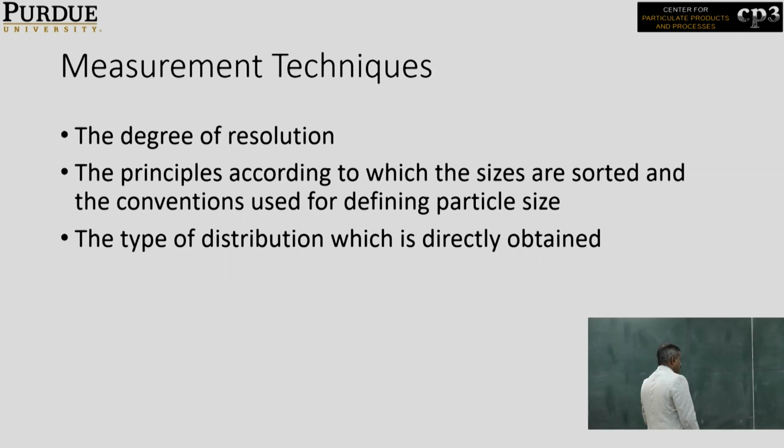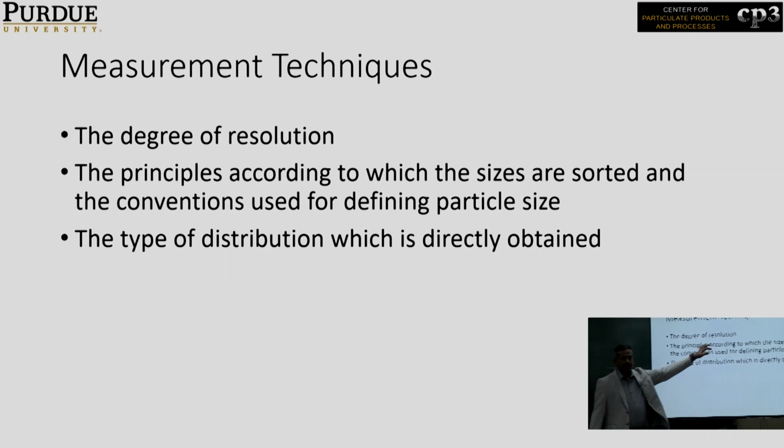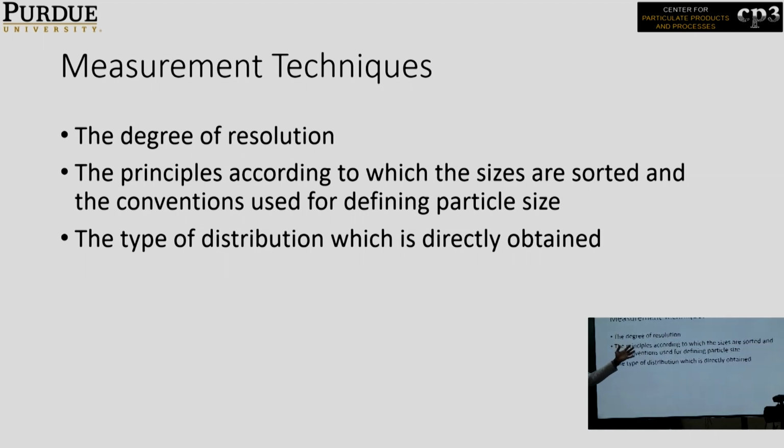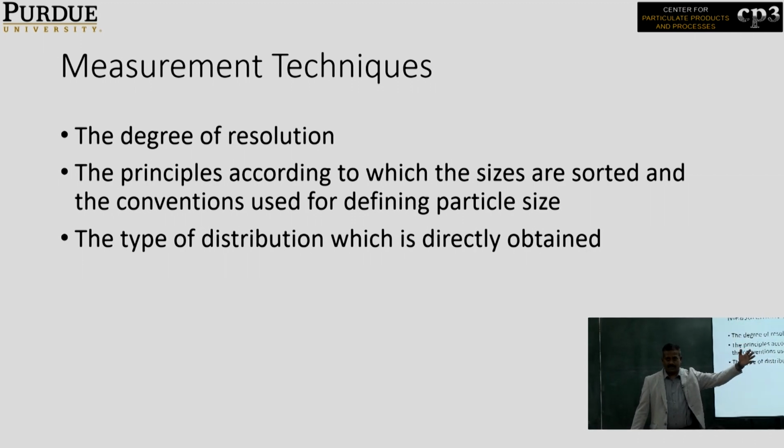So we use different principles, but again, the measurement techniques all differ in their degree of resolution, right? If you go to a high-end instrument, then the degree of resolution will be much better than a sieve analysis. Okay. As we talked about, in sieve analysis the particle orientation may not be constant. So you take the sample that's collected in each sieve, and you still get a distribution within that sample.